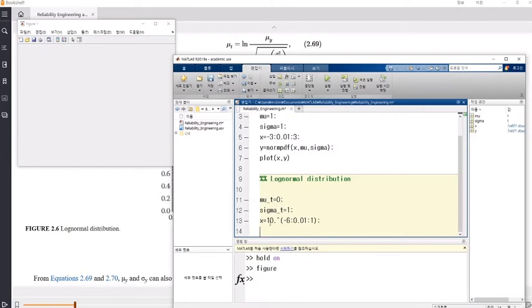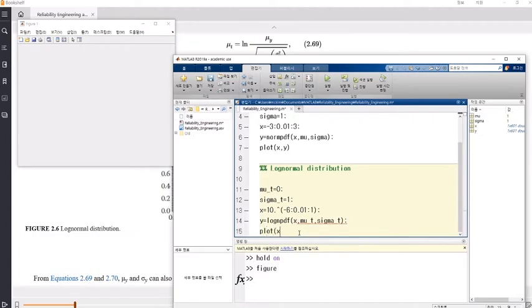So x is sampled from 10 to the power minus 6 to 10. Y will be log normal PDF of x, mu t and sigma t.